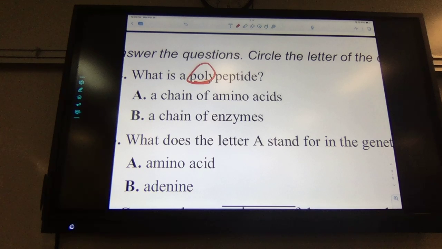If you don't know a word, you have to break it apart and you have to spend some time defining it.